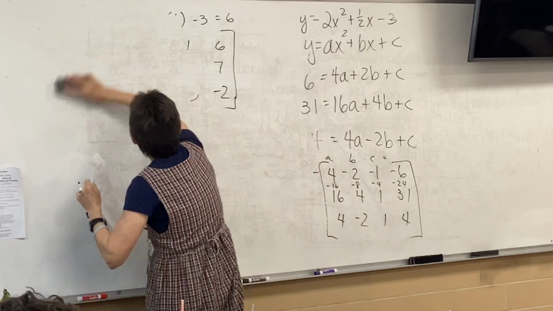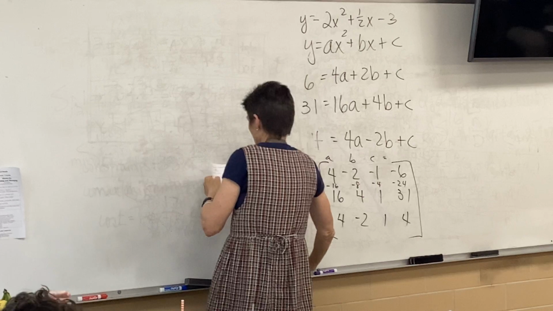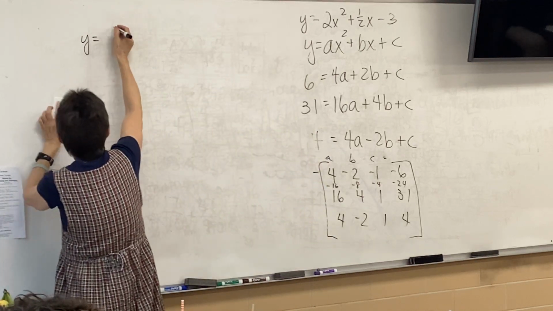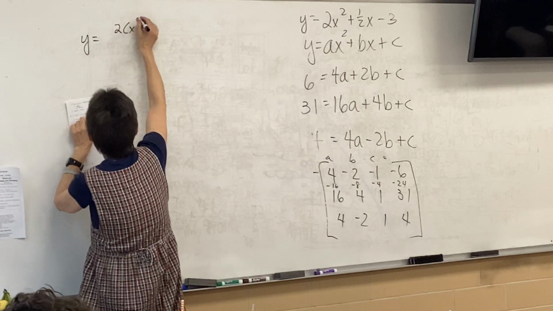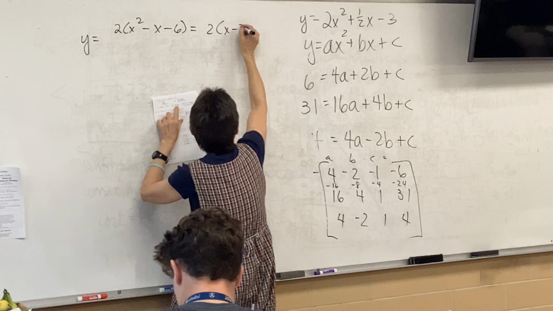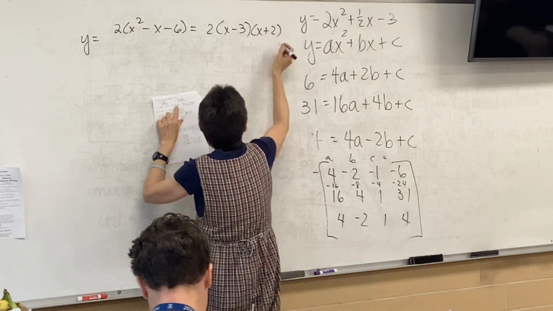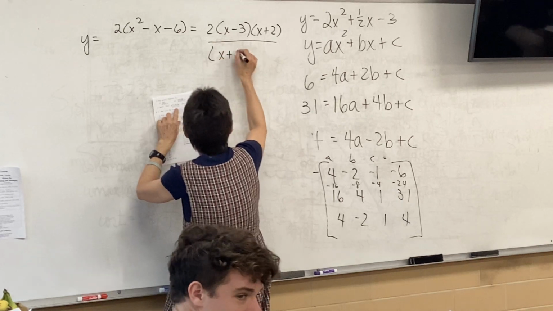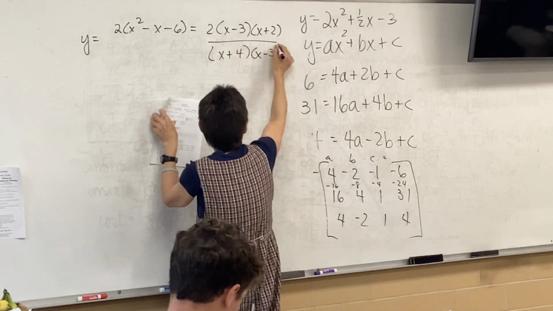All right, so what do I have to do first? I have to factor everything. So I've got 2x squared minus x minus 6, which is 2x plus 3 times x minus 2... all right, there's my top. And my bottom is x plus 4, x minus 3.